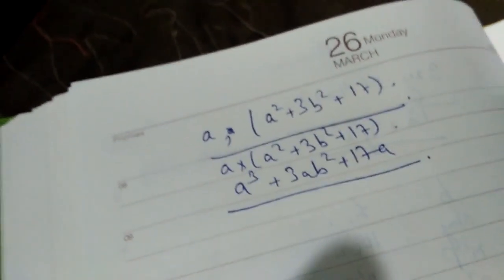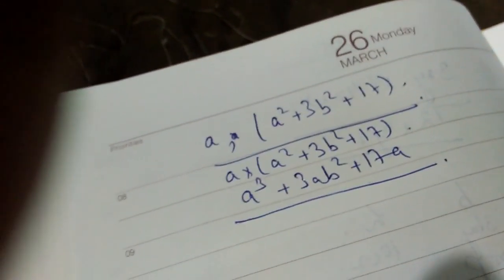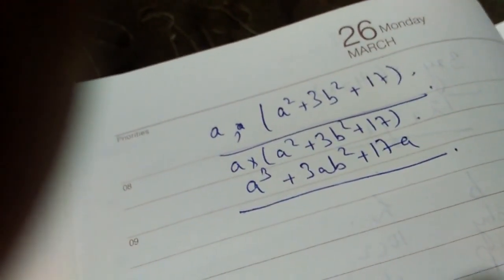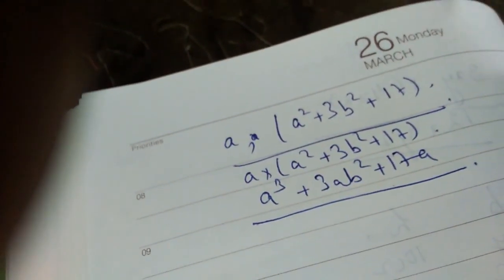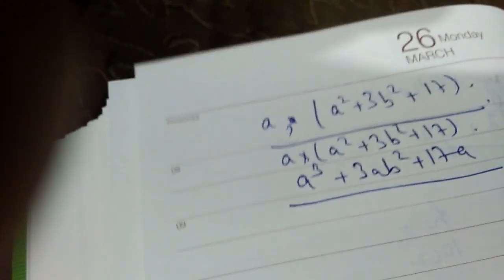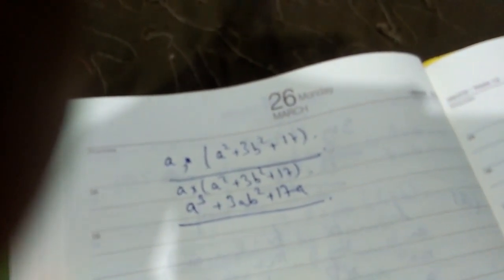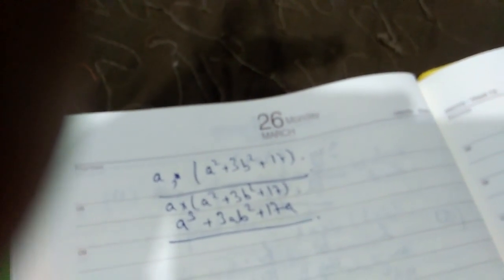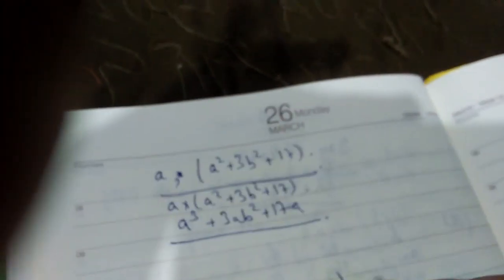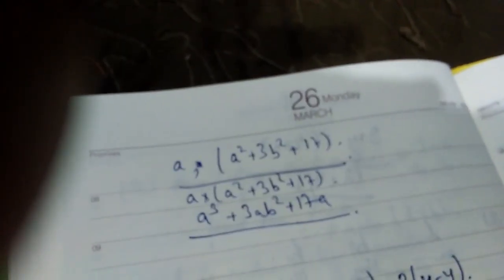Now you will be asked a few questions on the basis of the above discussion. So we will discuss a couple of questions. Let's say, expand: 3y(2y minus 7) minus (3y minus 4). So we have to expand this.